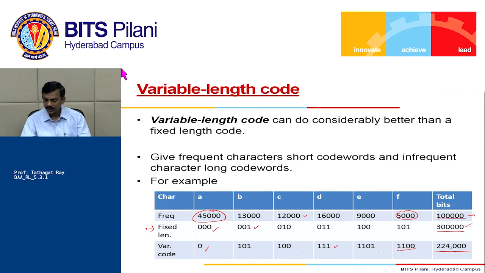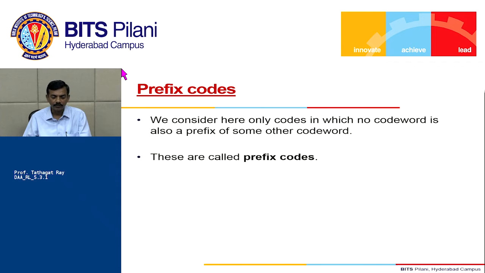Previously, using fixed length encoding, you were spending 300,000 bits, whereas using variable length encoding you ended up with 224,000 bits. So there is a significant improvement, nearly 20%. It can be proven that variable length encoding can do better than fixed length coding.